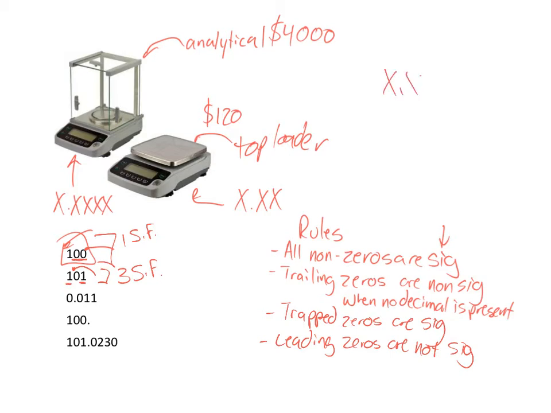When I look at a scientifically notated number up here at the top right-hand corner, all of these digits are significant. This is essentially just telling us the scale. It's the same thing with trailing and leading zeros. Down here in the lower left-hand corner, this 0.011 has 2 zeros in front. These are leading zeros. They're not significant, but these 2 ones at the end are. Therefore, there are 2 sig figs here.